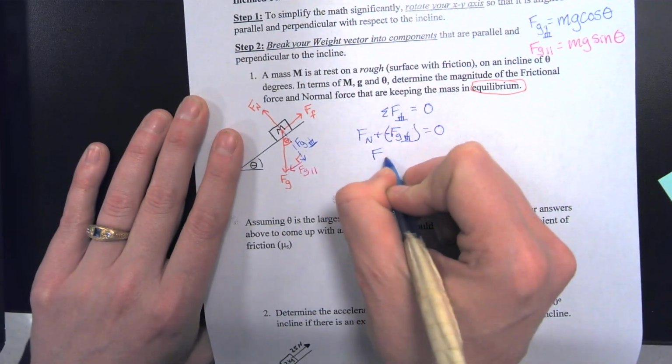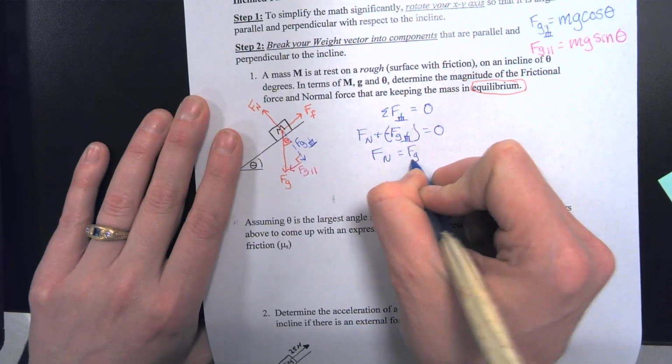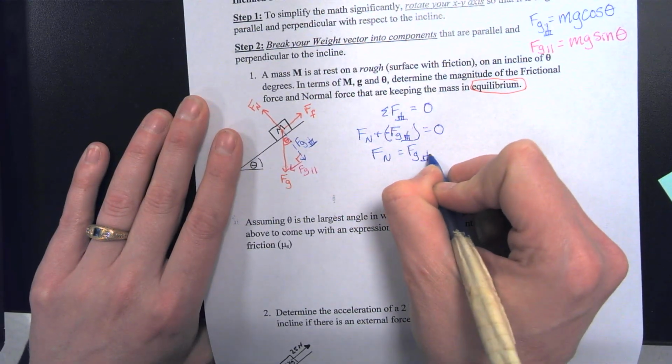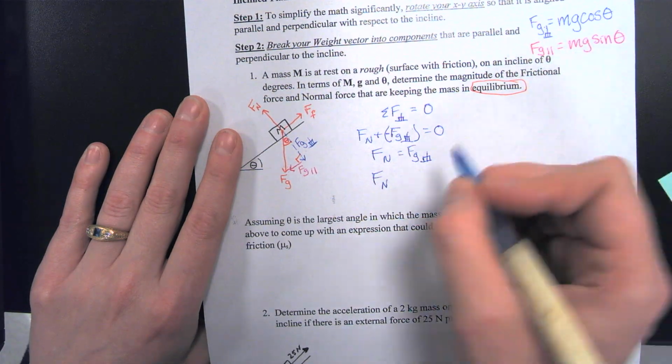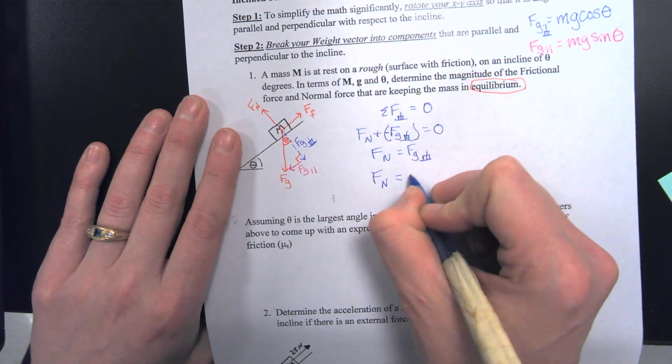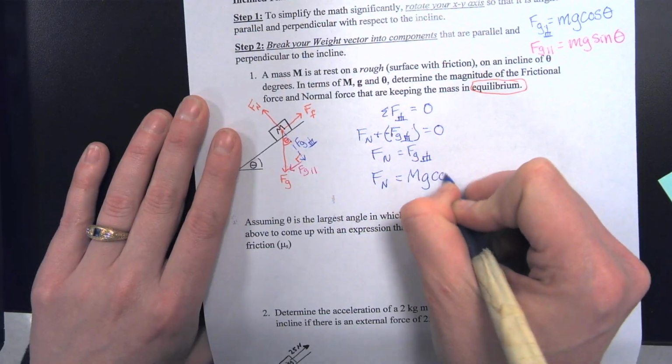And so that means Fn equals FG perpendicular. Or Fn, to put it in terms of m and g and theta and math, is capital Mg cosine of theta.